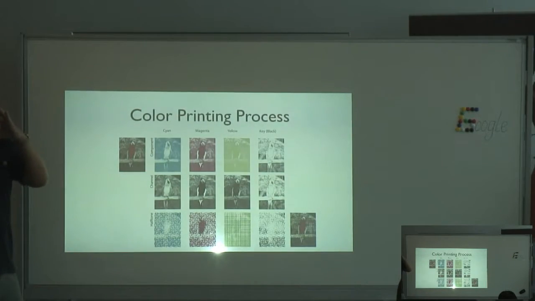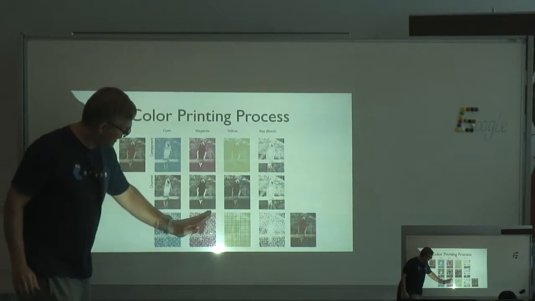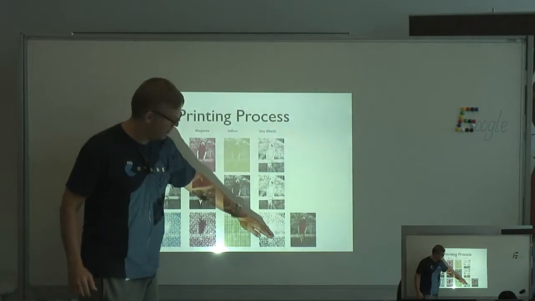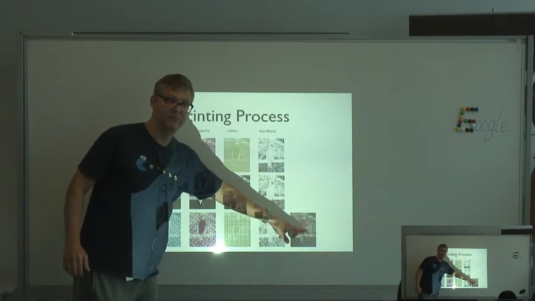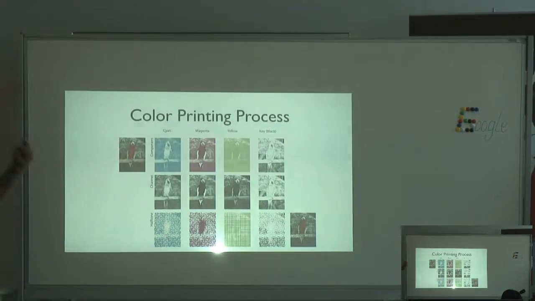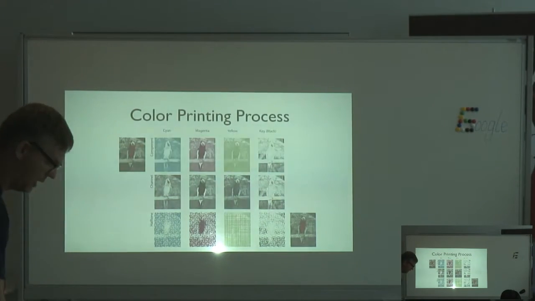It's the size of the dot that changes. And then all of them are at a different angle, so you don't get any moire effects. And this is then the final result. This is how offset printing essentially works. So you see, the concept of pixel doesn't really work that well when you come to printing, because there are no pixels in printing.